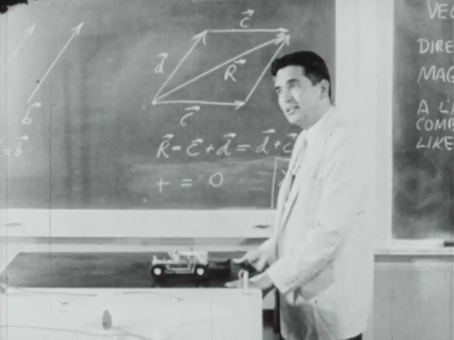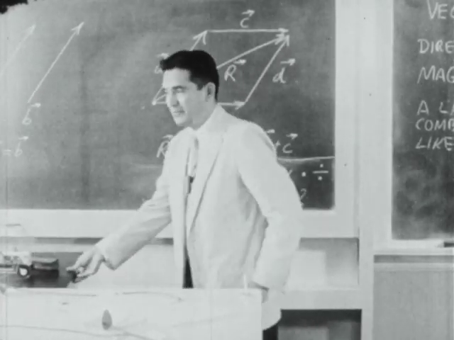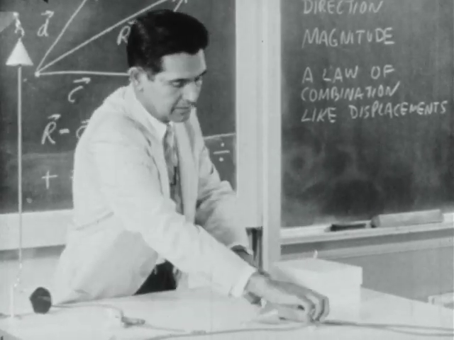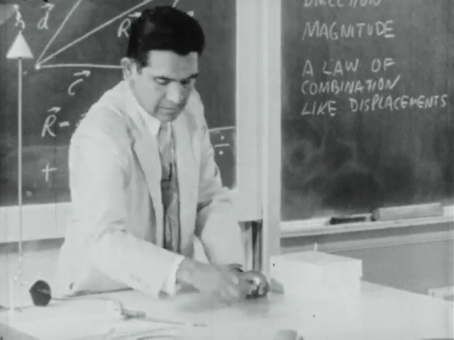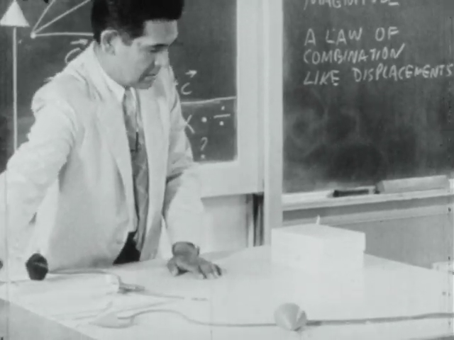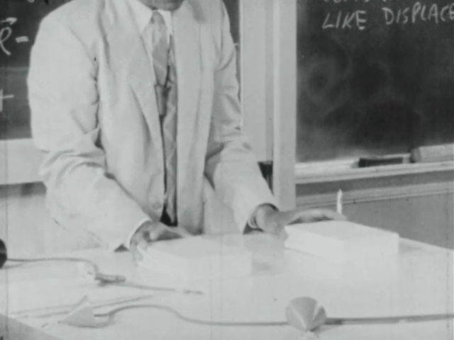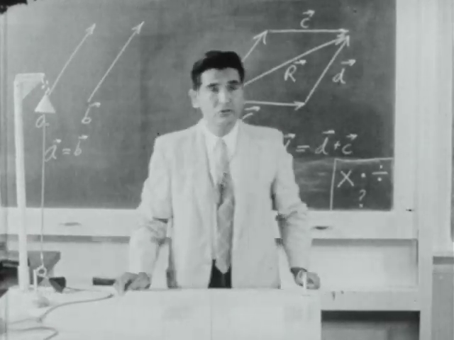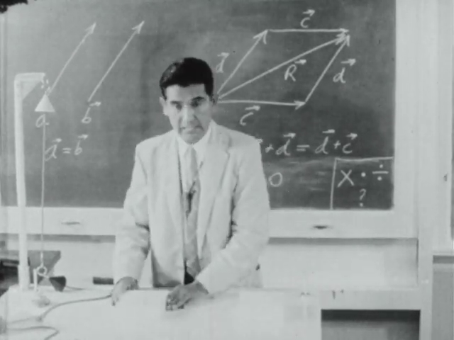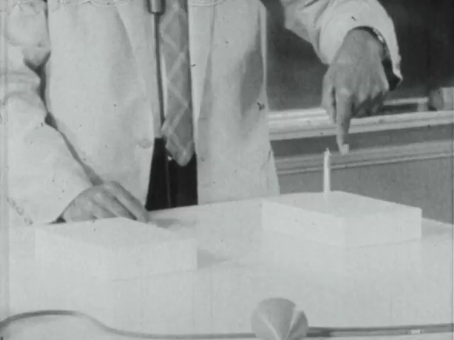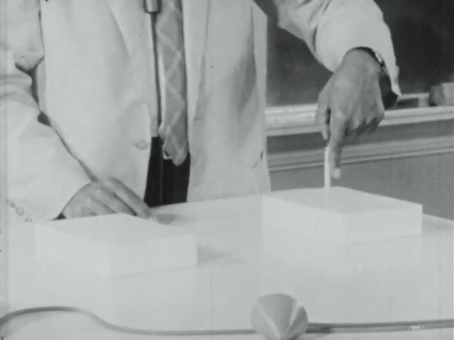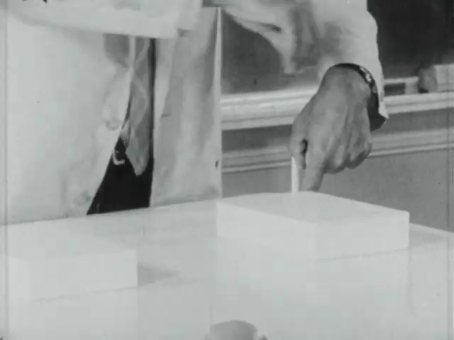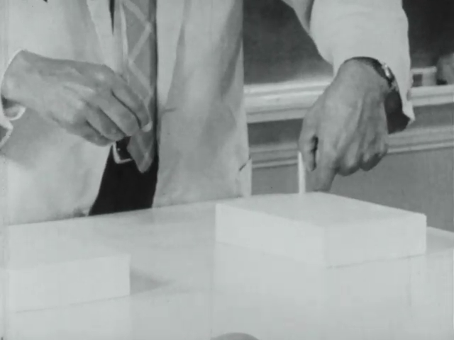Well, we've said a lot about what things are vectors. Is it possible that there are some things that are not vectors? I have two blocks here. And let me put them so that they are parallel to one another. And I'm going to consider rotation as a possible vector. For example, I can discuss direction by considering that the axis has a direction and the angle through which I turn has magnitude.